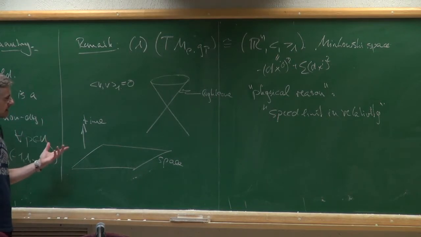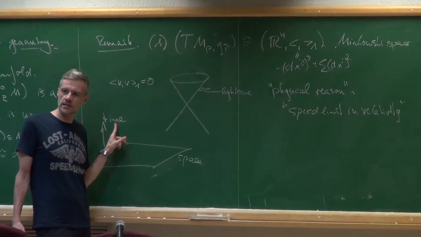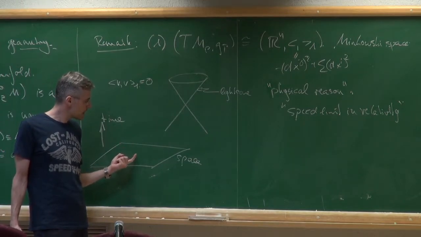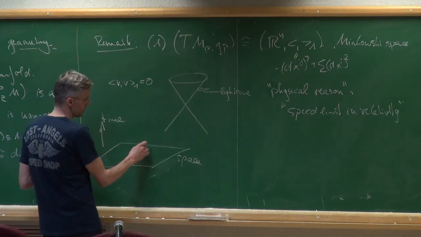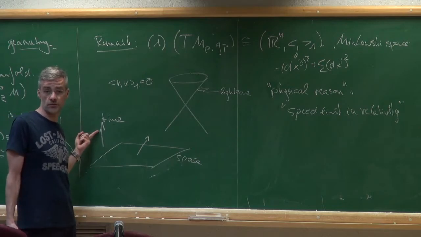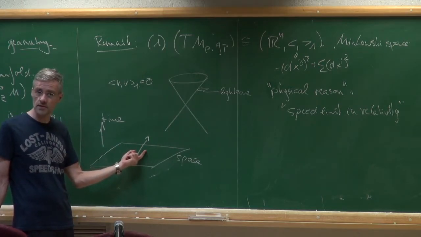But in relativity, you say that nothing can be faster than the speed of light. This assumption limits the angle of your velocity vector for a unit amount of time, to keep a certain angle with the rest space. Yeah?